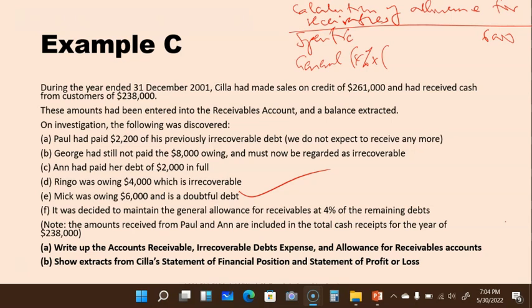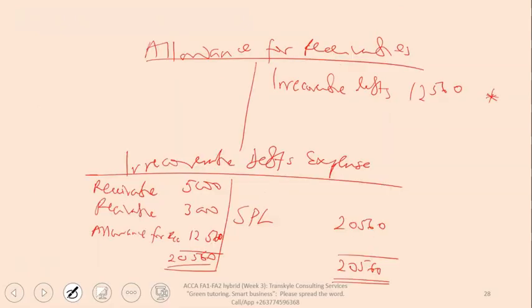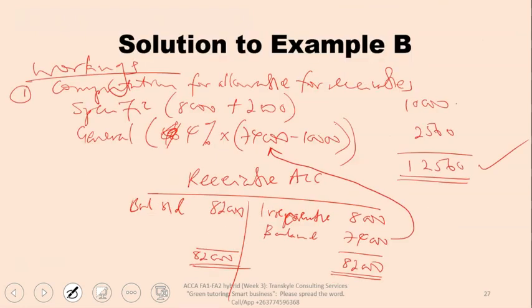So we need to know the actual balance brought forward for the receivables. From the previous computations we did, we determined that the closing receivable was 74,000, as you can see here. So that was the closing balance.